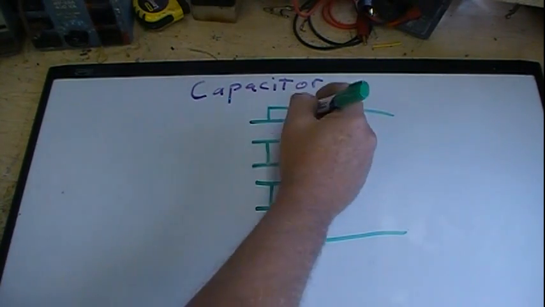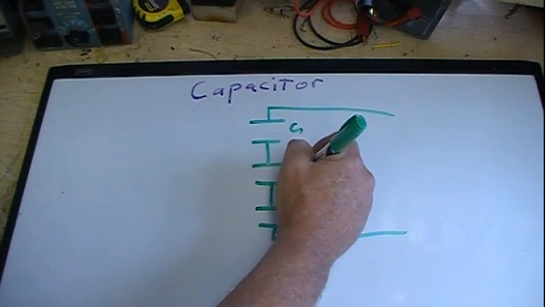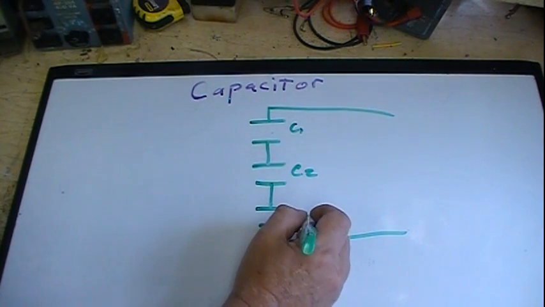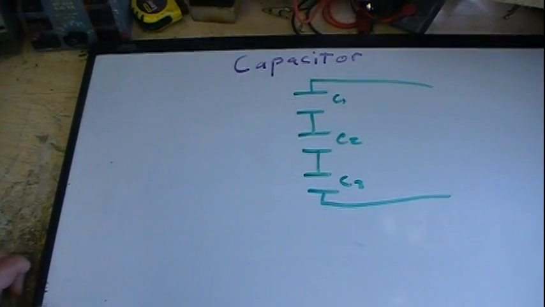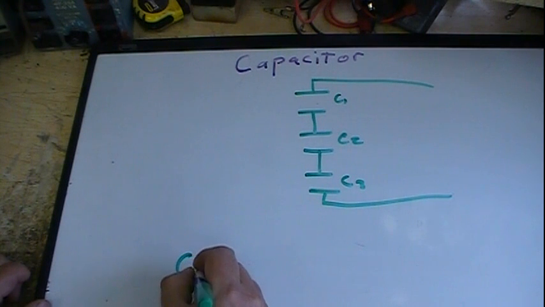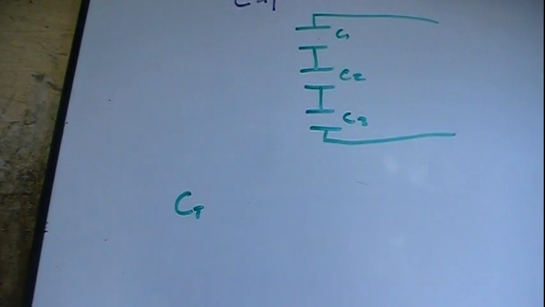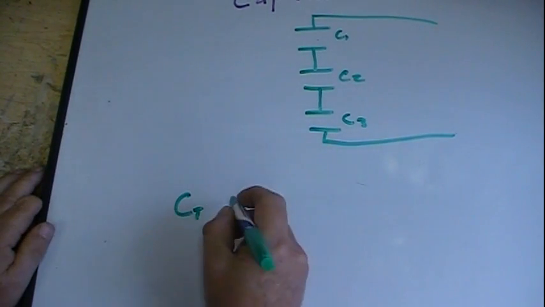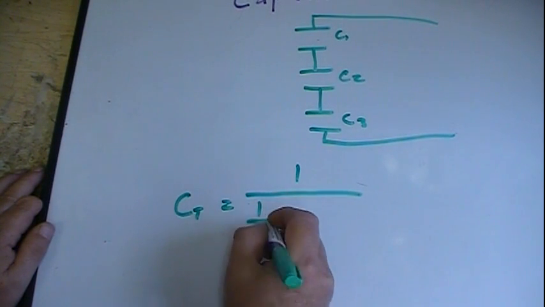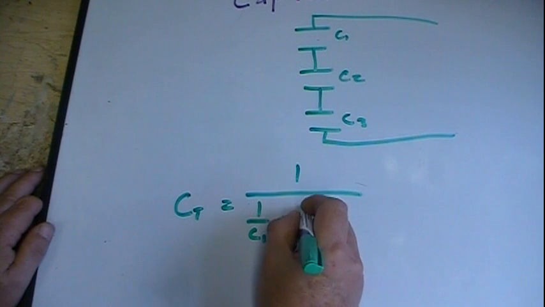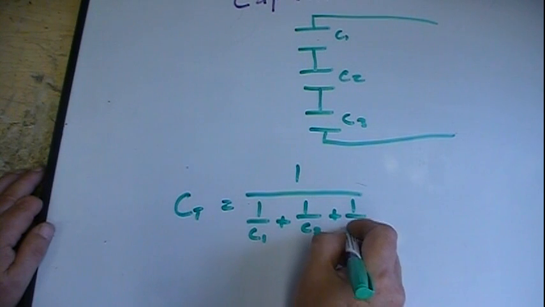So if I say, instead of A, B, and C, let's say C1, C2, and C3, the total capacitance of these, C total, equals 1 over C1 plus 1 over C2 plus 1 over C3.